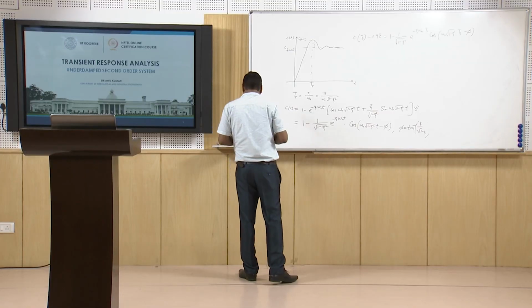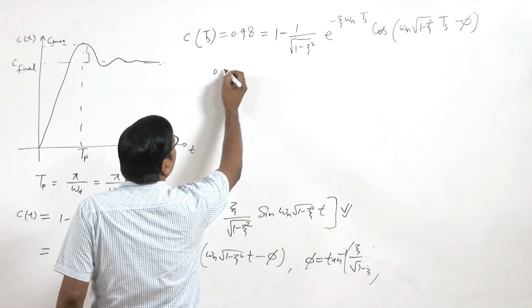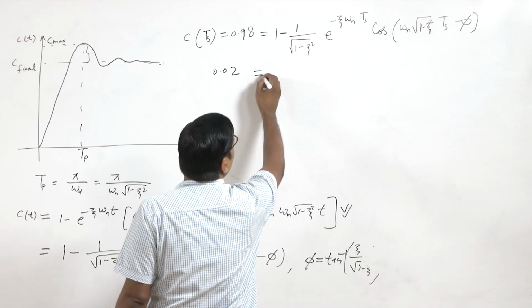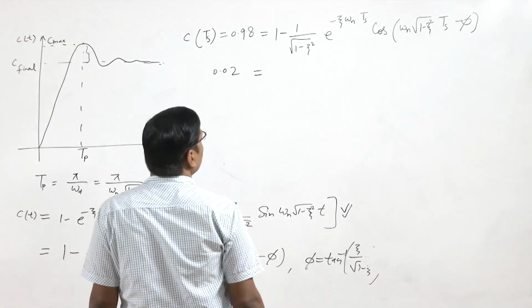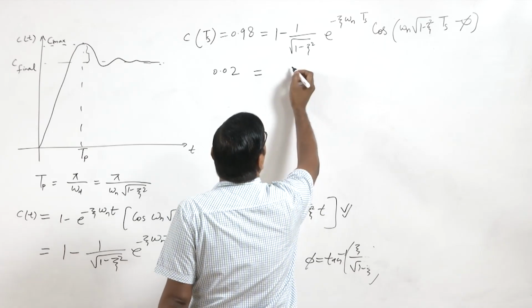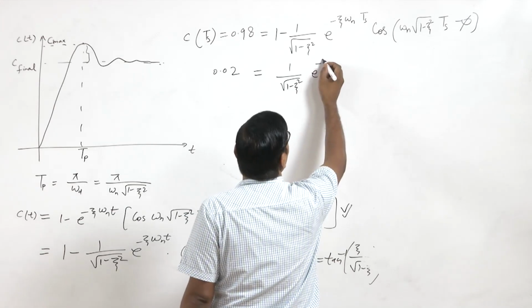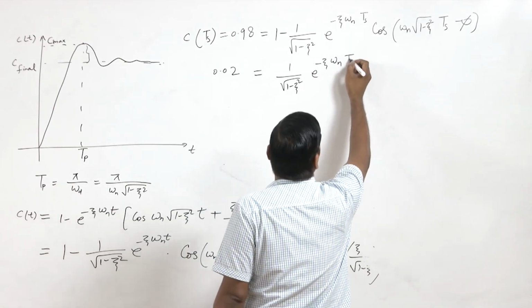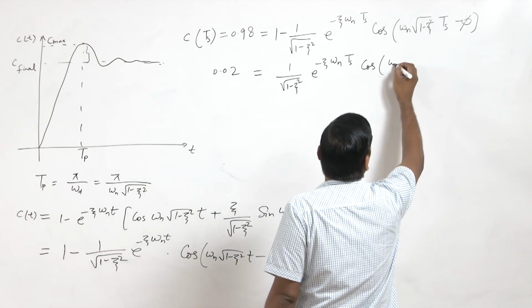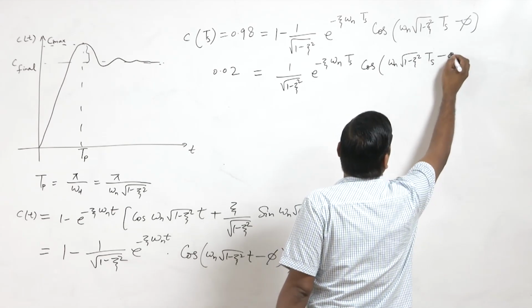And from here we will get 0.02 equal to 1 by root 1 minus zeta square, e to the power minus zeta omega n Ts, cos of omega n root 1 minus zeta square Ts minus phi.